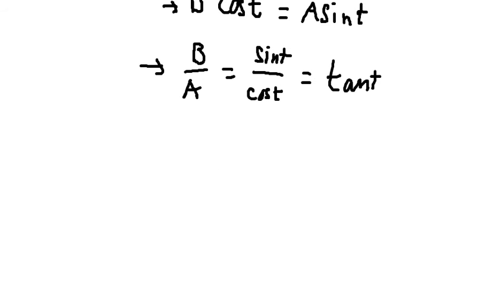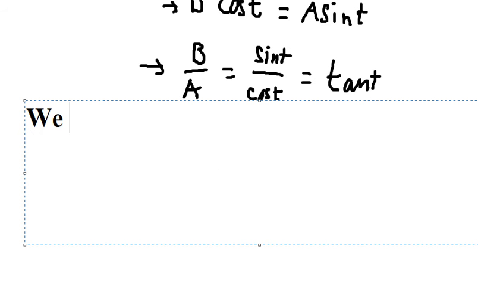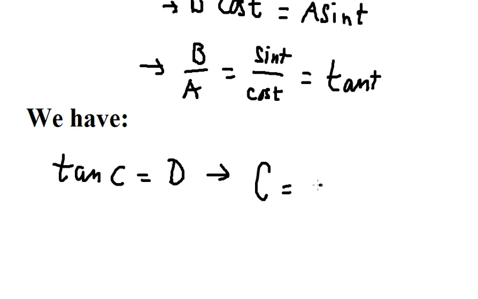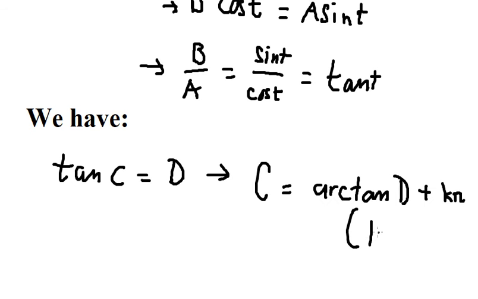Now we have the formula in here. So let's say we have tan c equals d. If we want to find the value of c, we have c equal to arctan of d plus kπ, and k should belong to the integers.